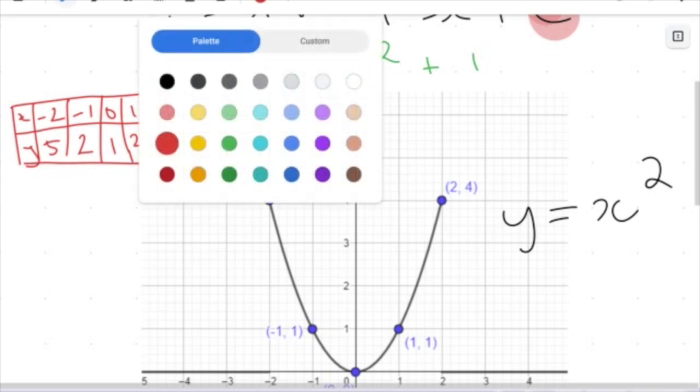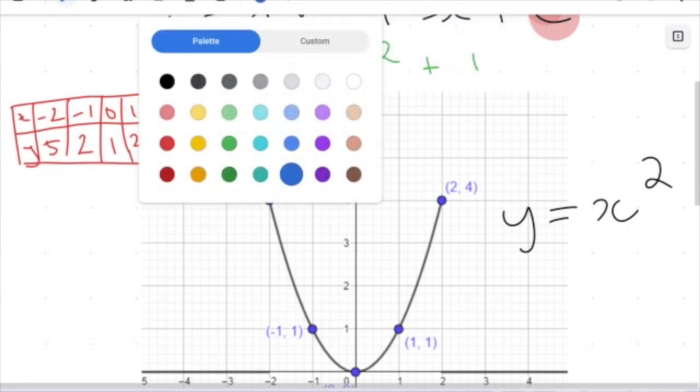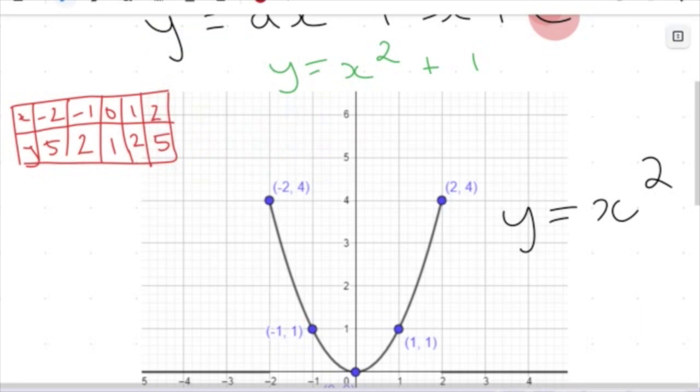Let's take a second to draw these points in. Let's do a different color, let's do it in red. When x equals -2, my y is going to be 5. When x equals -1, my y is going to be 2. When x is 0, my y is 1, and so on and so forth.